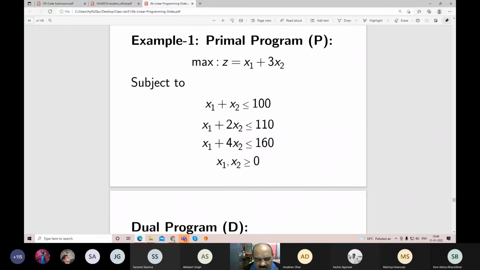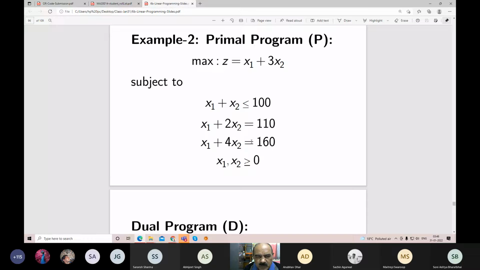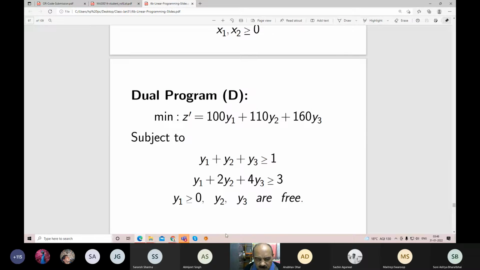So in this example 1, all are non-negative. In example 2, with respect to this problem, the dual is the same, but this y2 and y3 are free. These two variables are free. Free means these two variables can be positive, can be negative, can be zero also.